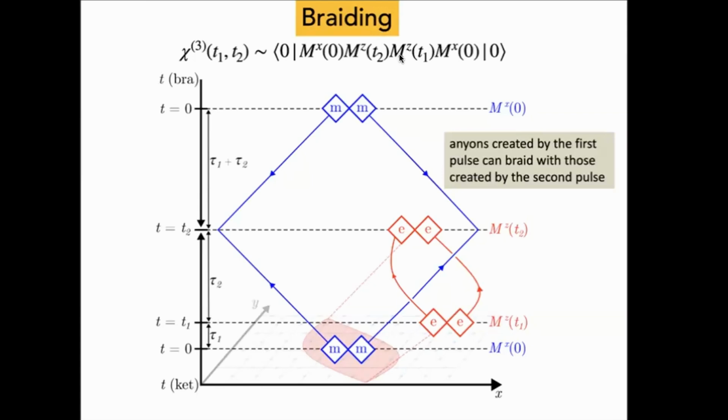Mz will commute with the plaquette operator, but it will now create 2 E particles. And then on this time T2, these M's and E's will braid around each other, and that is where it will produce some signal, which the chi3 that involves the same magnetizations will not have. And what is that signature?